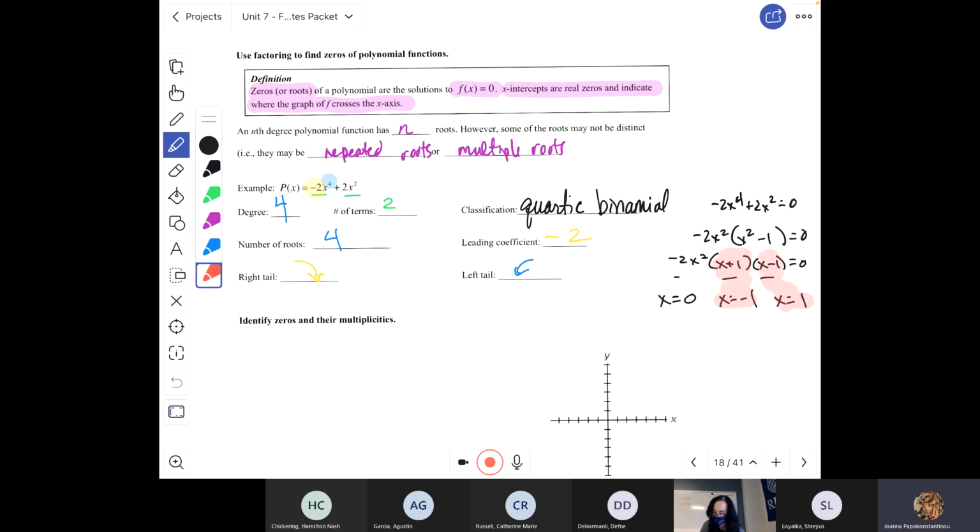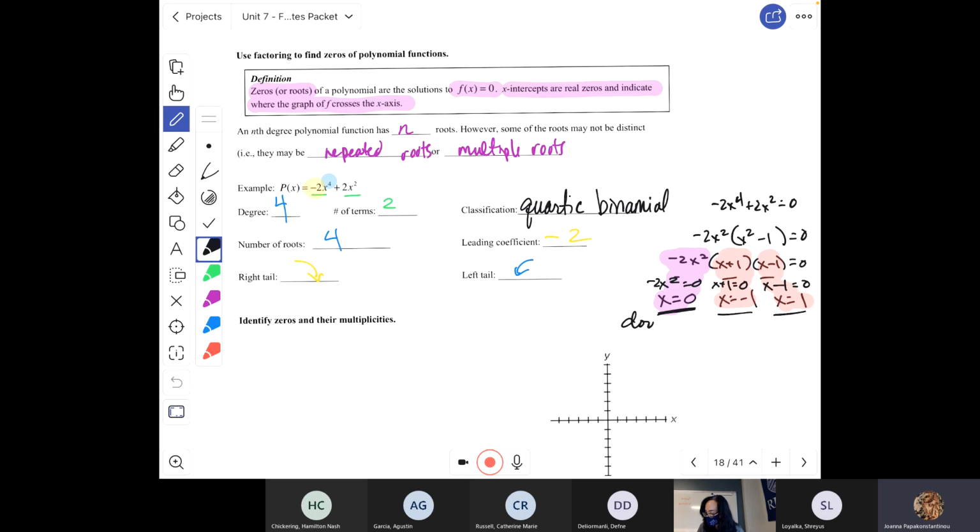It's a single root. This is the solution to a quadratic equation, right? If I were to set each of these equal to 0, are you with me? This would be negative 2x squared equals 0, x plus 1 equals 0, x minus 1 equals 0. So this is a single unique root, each of these.